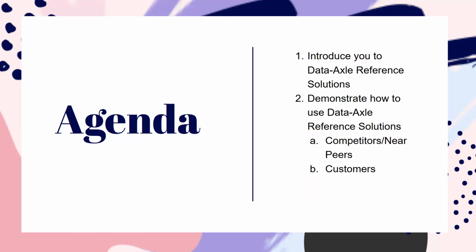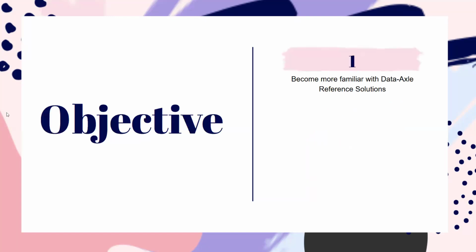So it's just a way to maintain respect for the information that we find. So just keep that in mind. We will pause that recording. So if you go back and look for it, you won't see that small portion of it. And then we'll answer any questions, and that'll be it. And the only objective we have today is to become more familiar with Data Axle Reference Solutions.